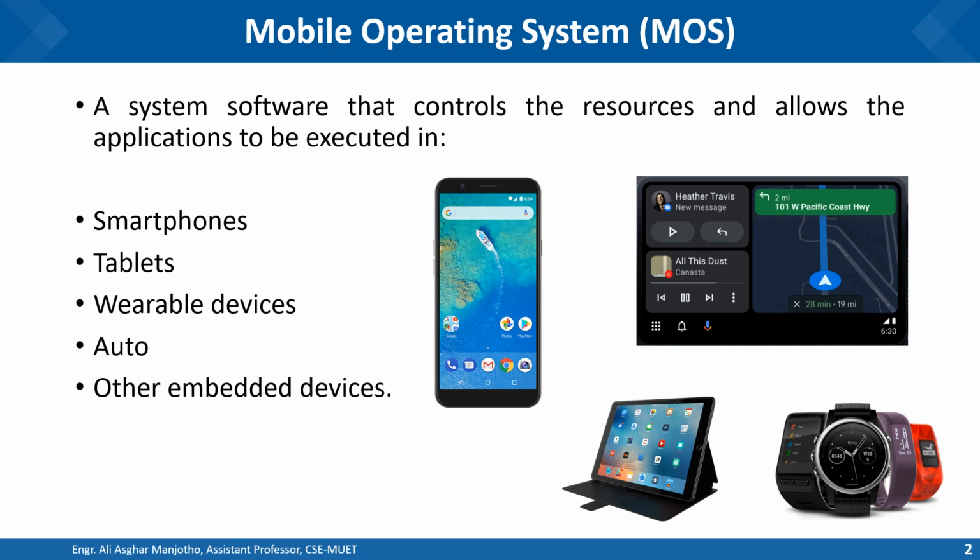And the second major task for the operating system is that it will allow other application programs to be executed. It is a very basic fact of any computing device that whenever any application is to be executed, it must be available within the RAM of that particular computing machine.